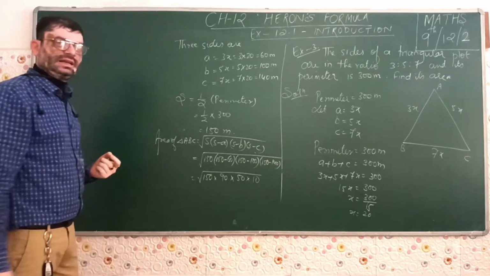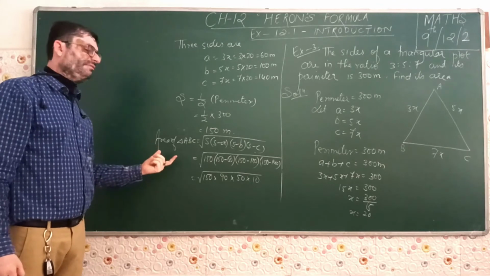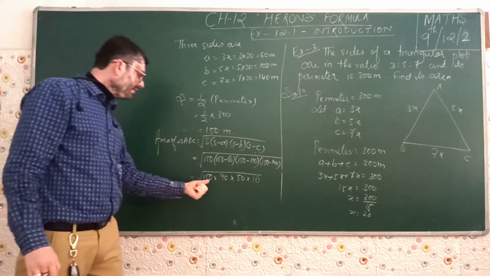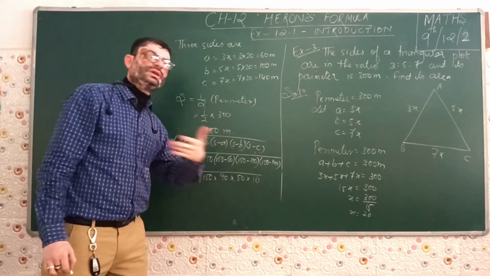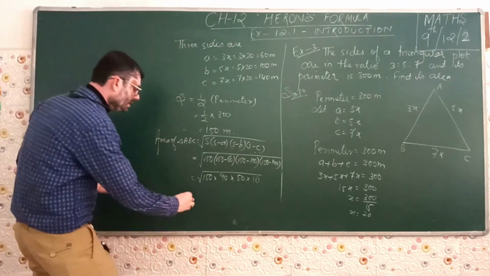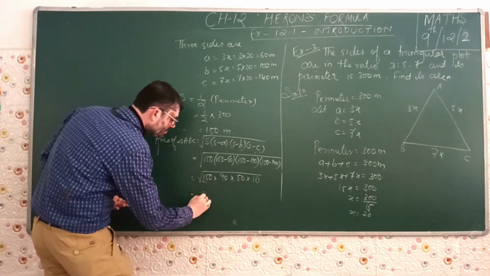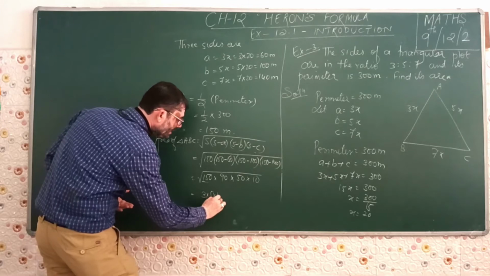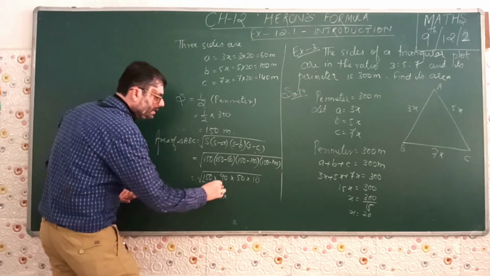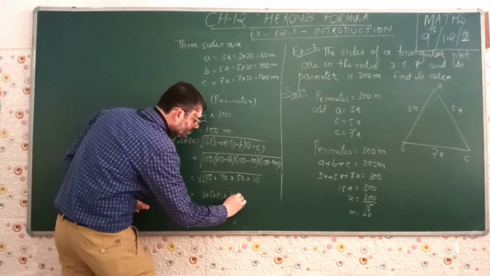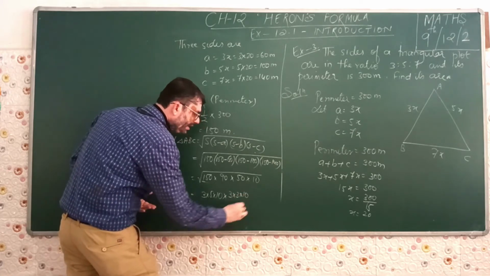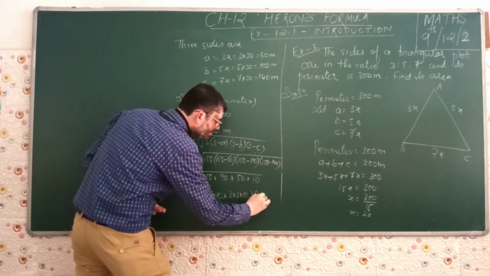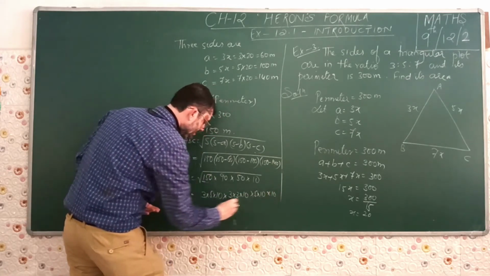If you observe very clearly, before finding the factors for the square root, we have four zeros. We can separate all the four zeros, and 15 can be written as 3 into 5 into 10. 90 can be written as 3 into 3 into 10. 50 can be written as 5 into 10, and 10 as it is.